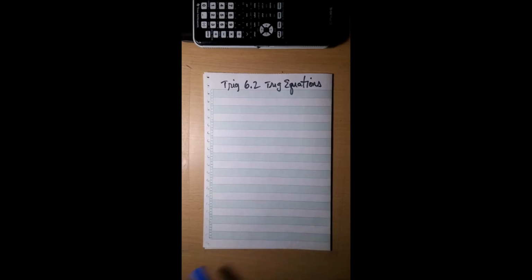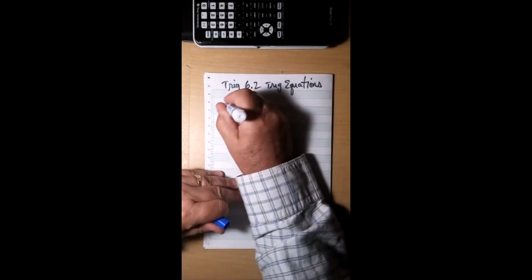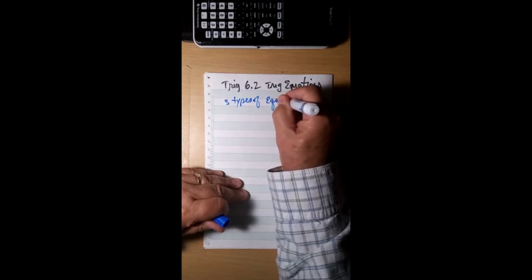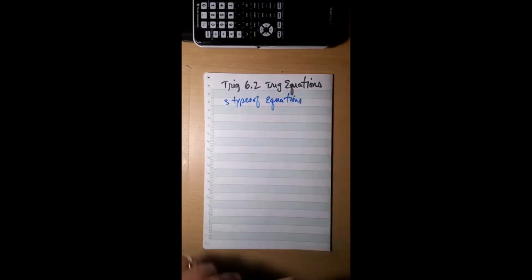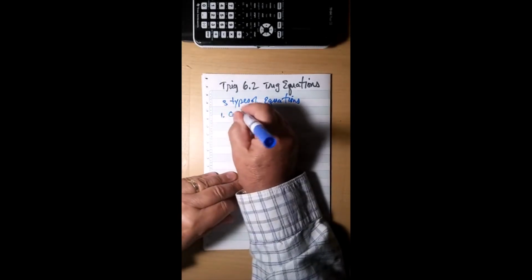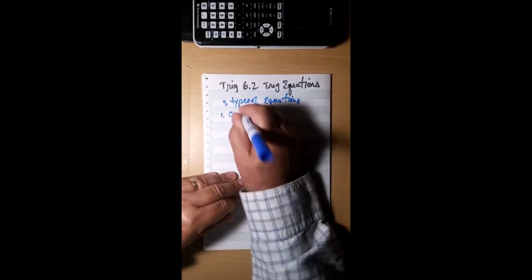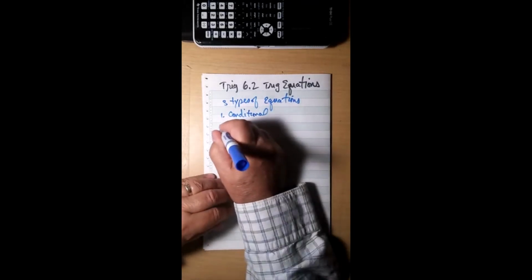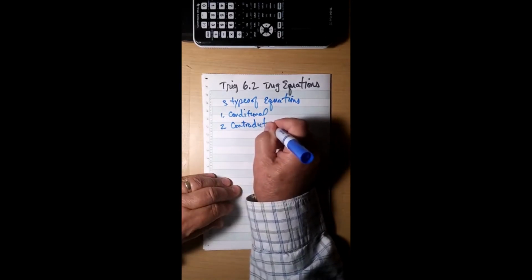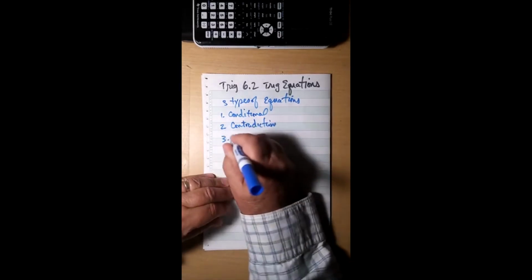Trigonometry, section 6.2, trigonometric equations, part 1. First, there are really three types of equations. There are conditional equations, there are contradictions, and there are identities.